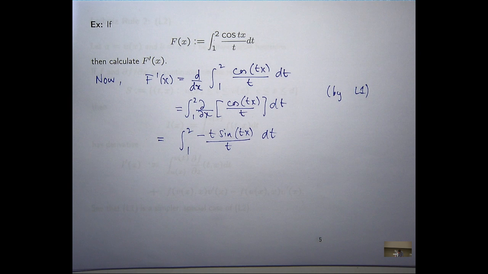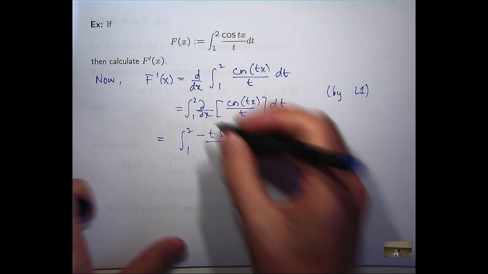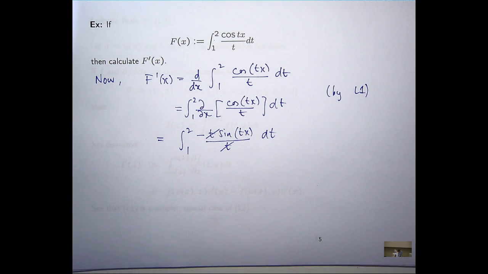So now I can cancel those t's off. And I do know the integral of sine of tx with respect to t. Imagine x is constant and integrate with respect to t.